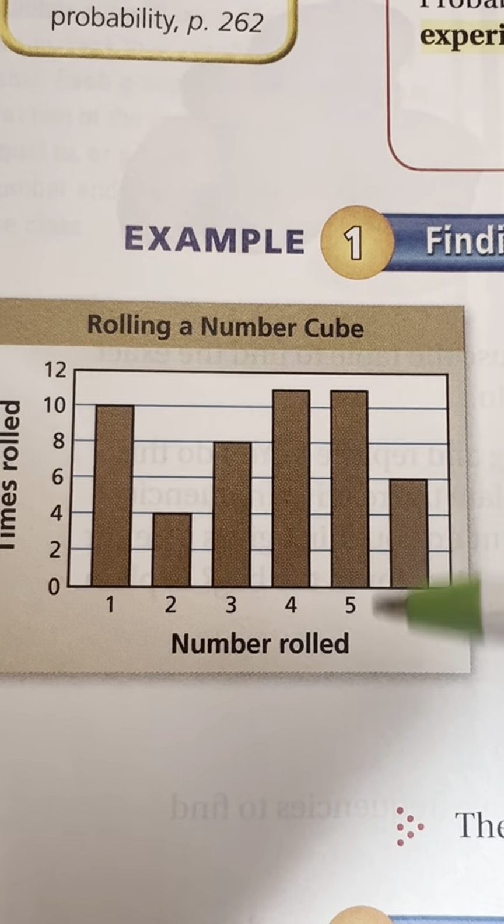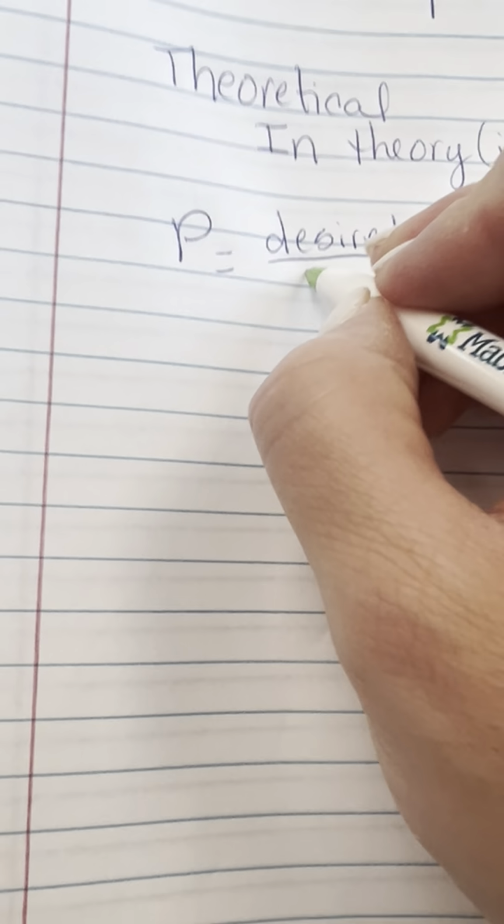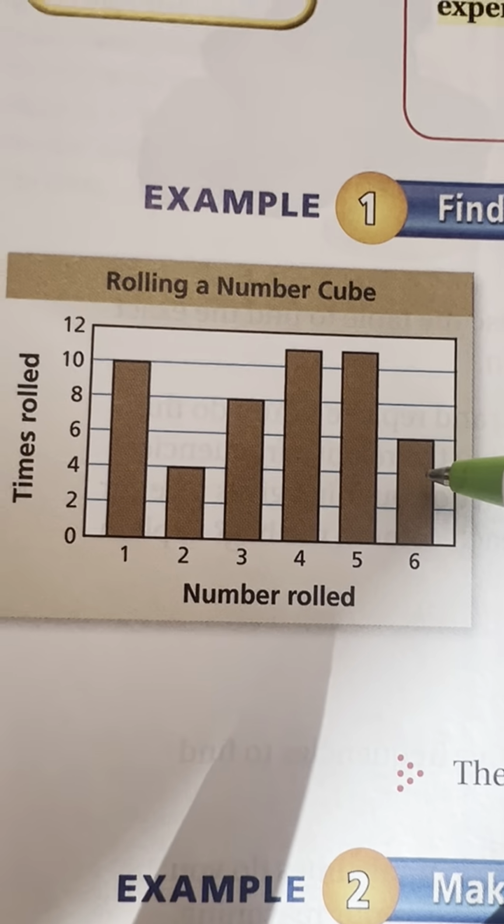The way I write probability is: probability equals the desired outcome, or number of desired outcomes, over the number of possible outcomes. So there are 50 possibilities, and it asks, what is the probability of rolling an odd?